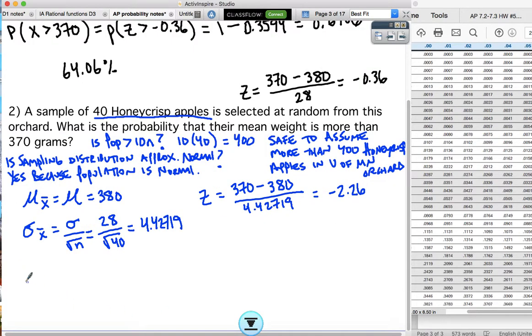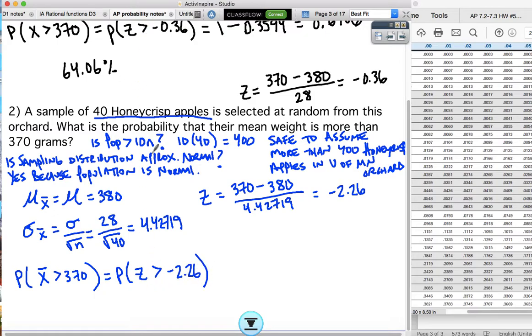So I am trying to figure out the probability that the mean weight of my sample of 40 apples is more than 370. See the comparison? Okay, this is a mean of the sample now. And that's going to correspond to the probability that my z-score is more than this z-score now, which is negative 2.26.